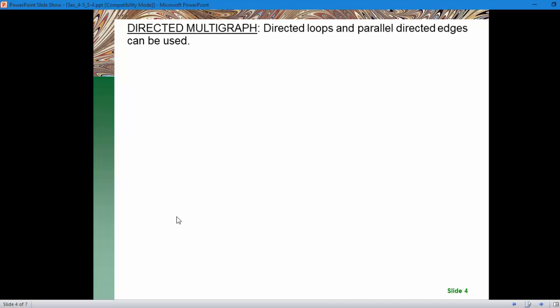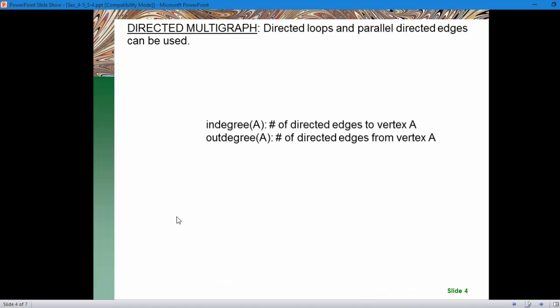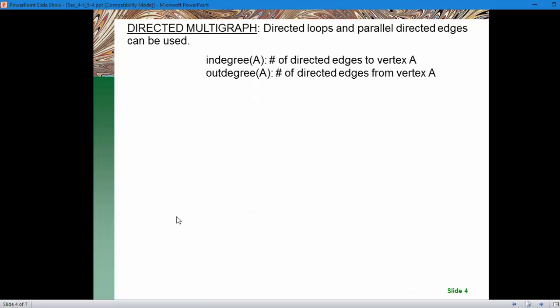Now we can also talk about directed multigraphs. This is the extension of the definition of multigraphs. In directed multigraphs, we allow directed loops and parallel directed edges. We can also talk about degrees of a vertex, but here we have two different types of degrees.